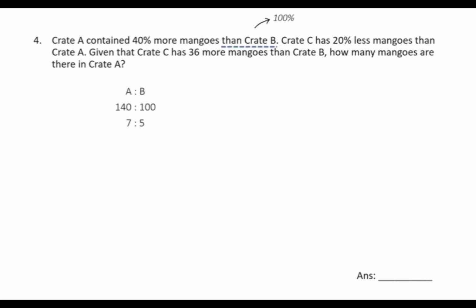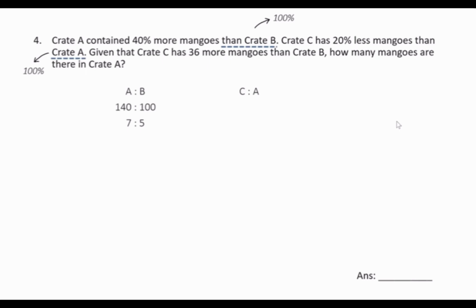One set of ratio. Now we look at the second sentence. C has 20% less than A. Again, identify which one is your 100%. In a sentence with percentage, the one at the back is always 100%. So A must be 100.